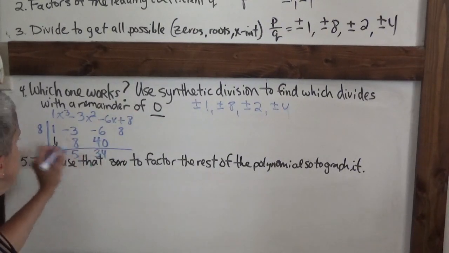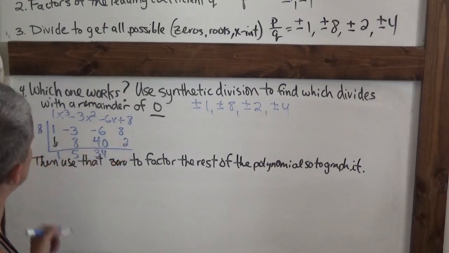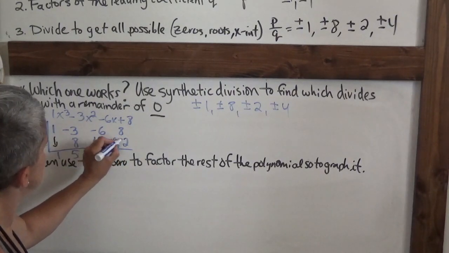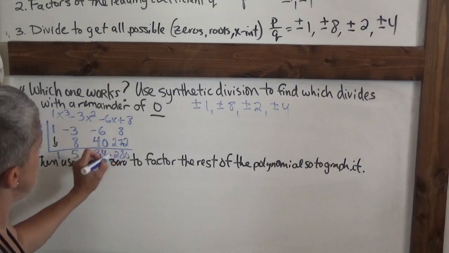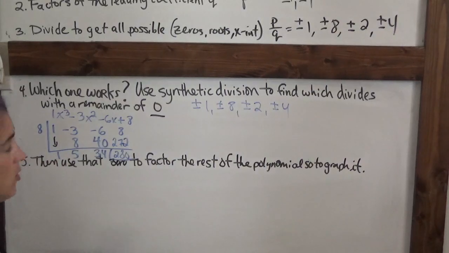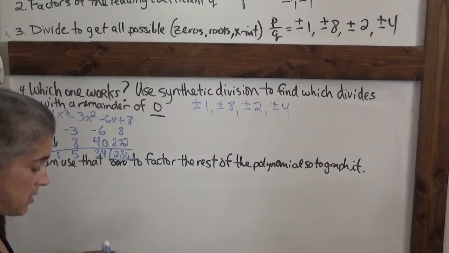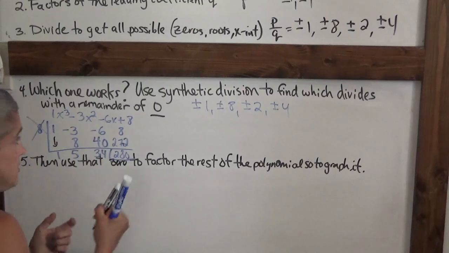So I'm already going to stop because 34 times 8 is 272. This thing is so large. This is not a remainder of 0. So we know 8 is not a possible zero, root, or x-intercept. So you have to keep going by trial and error to see which one gives you a remainder of 0.